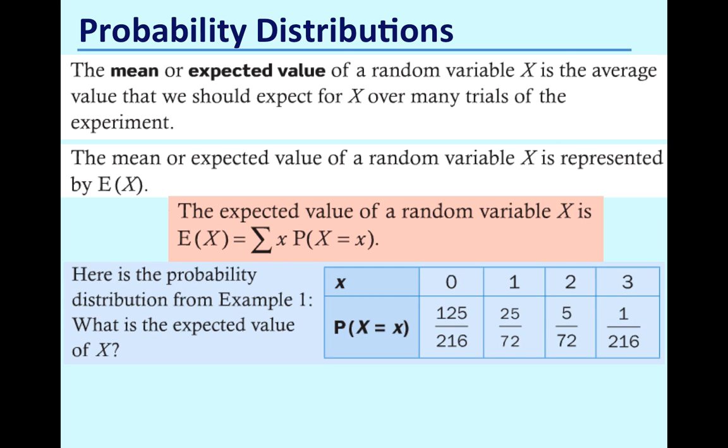So in the context of this example that we looked at, what is the expected value for X, which was the number of times that you roll a dice and get a 6. So the expected value is going to be the sum of the individual outcomes multiplied by their probabilities. For instance, in the first one, we are going to multiply the outcome here, which is getting 0 sixes, multiplied by the probability that x equals 0, which is going to be this probability here.